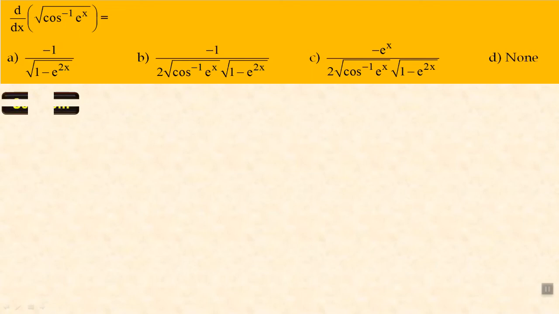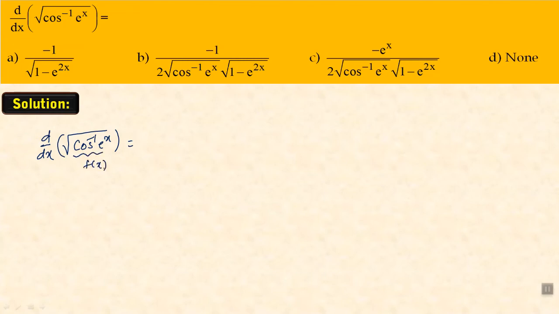Let us find this. D by dx of square root of cos inverse e power x is equals to, here consider cos inverse e power x as f of x.